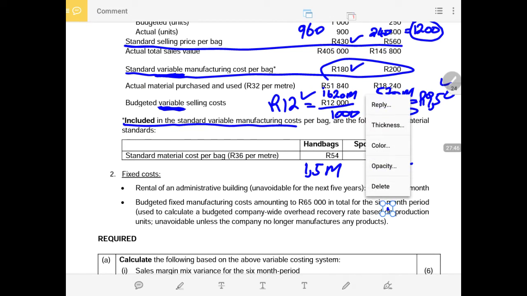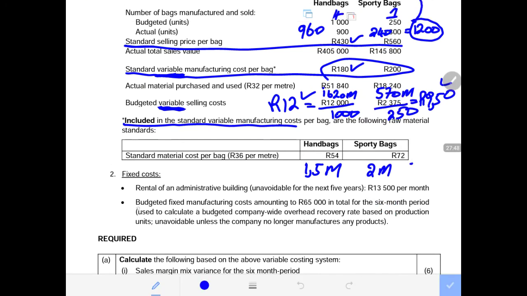Now we have another fixed cost, which is budgeted fixed manufacturing cost amounting to 65,000 rands in total for the first 6 months of the year, and used to calculate the budget company-wide and recovery rate based on the product units, unavoidable unless the company no longer manufacture any of the products. If they still do, then we'll be incurring them.